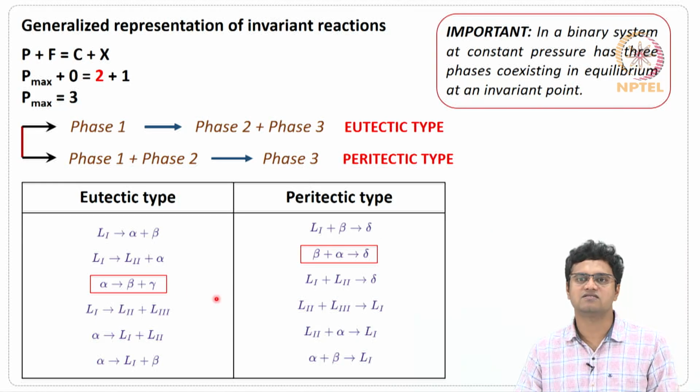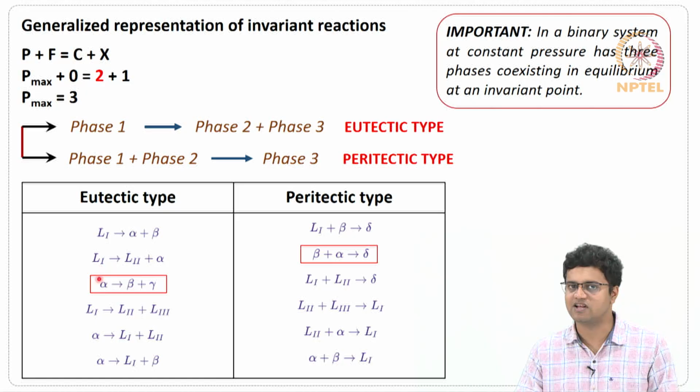What is the difference between these reactions and all the other reactions here? In all other reactions, out of the three phases, at least one phase is a liquid phase. However, these two are very important reactions. If you see, they involve only solid to solid transformation.